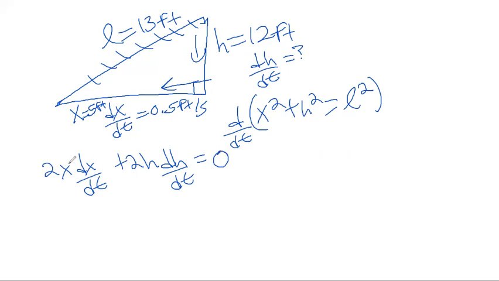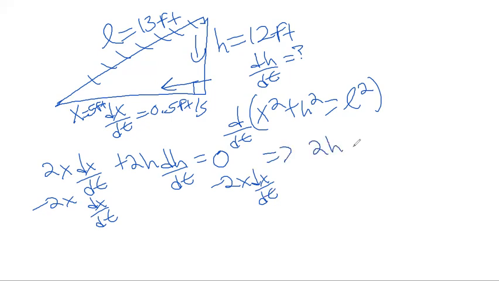Now we can solve it because we know x, we know dx/dt, we know h. First things first, using our good old friend algebra, I'm going to subtract 2x dx/dt from both sides. It's going to be 2h dh/dt equals negative 2x dx/dt.